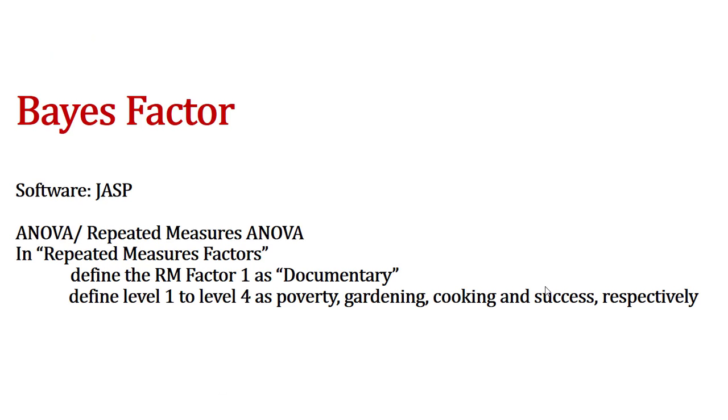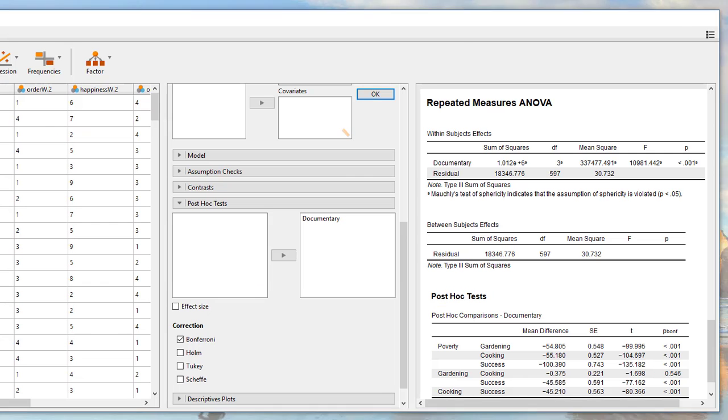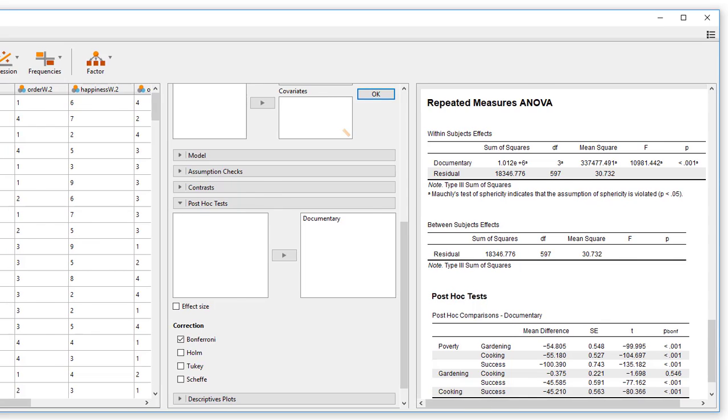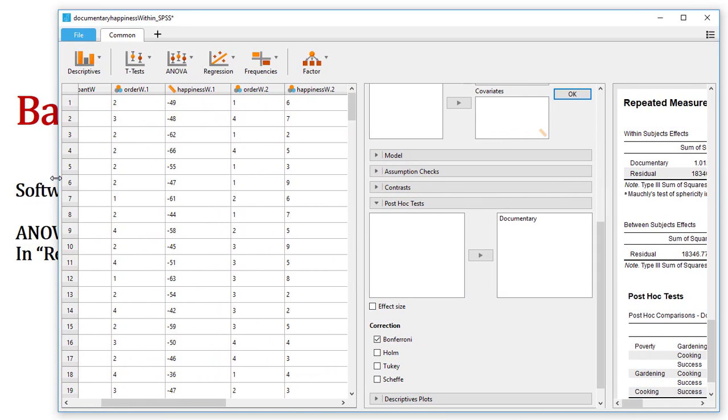Okay, so the last analysis is the Bayes factor using JASP. So we do something similar to what we've done before, but in this case we are going to use the Bayesian analysis, not the traditional.